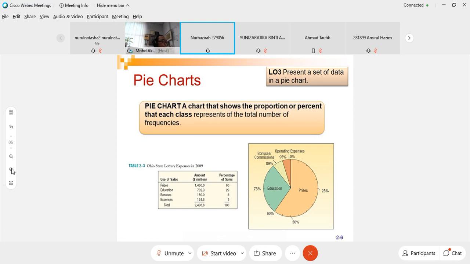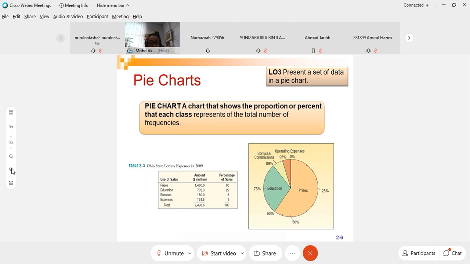Okay, daripada pie chart yang kita lihat di bawah tu, which one the highest one? Paling tinggi. Okay, the lowest one?